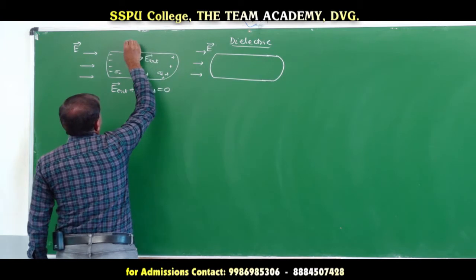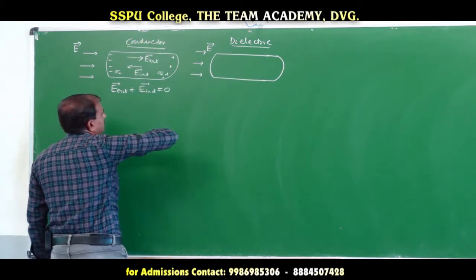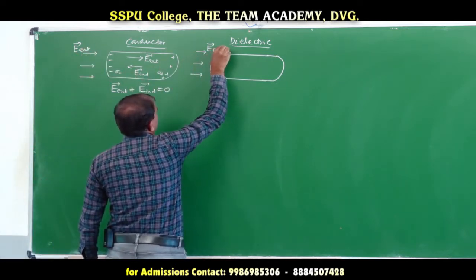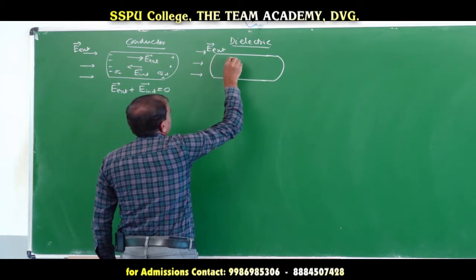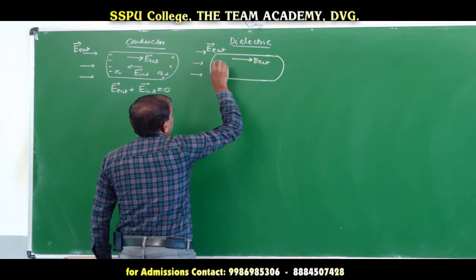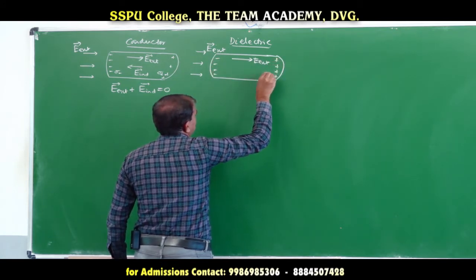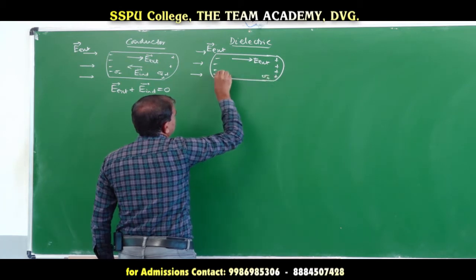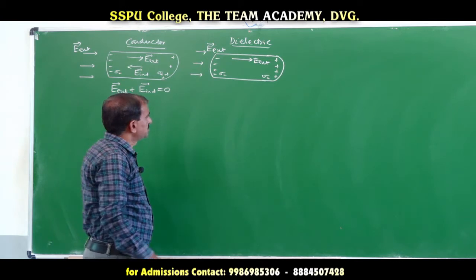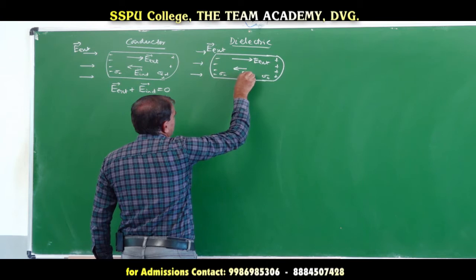This is the external electric field, and this is also the external electric field. These are the negative charges and these are the positive charges. So this is sigma plus and this is sigma minus, the surface charge density. The induced electric field is opposite to the applied electric field.